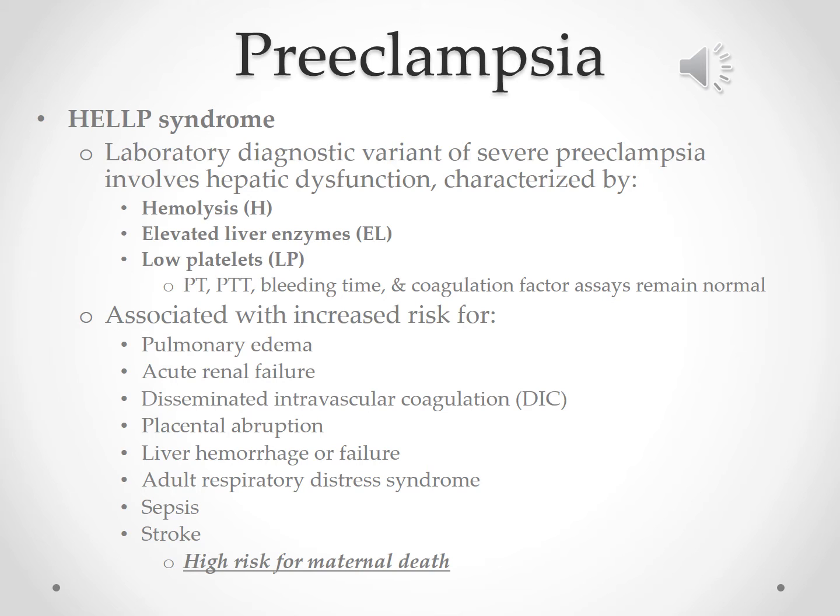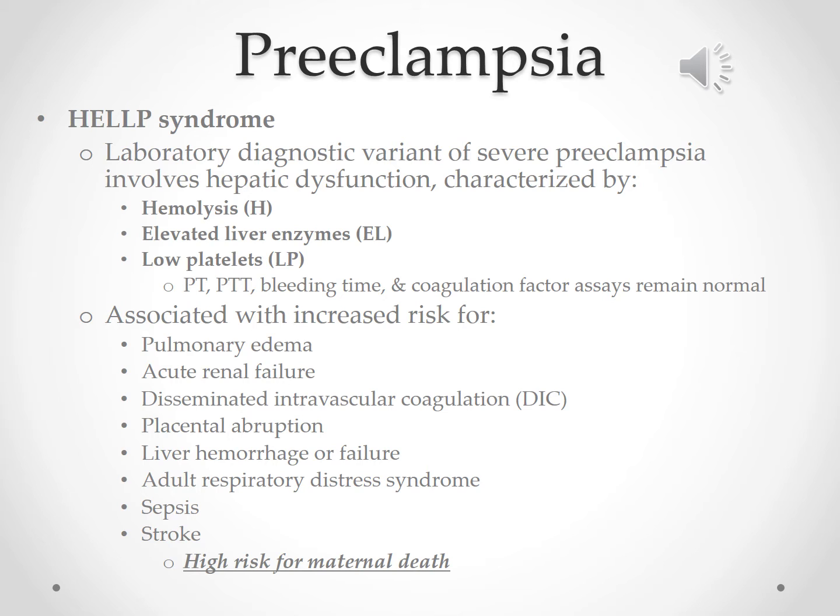So what exactly is HELLP syndrome? Well, HELLP really is just the acronym to make you think about what laboratory screens, tests, variants you are going to be expected to see with your severe preeclampsia. You're going to have hemolysis, so that's the H. Elevated liver enzymes, remember we've got liver damage going on here, and then low platelets.